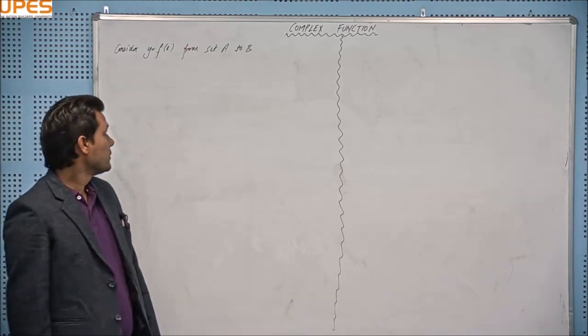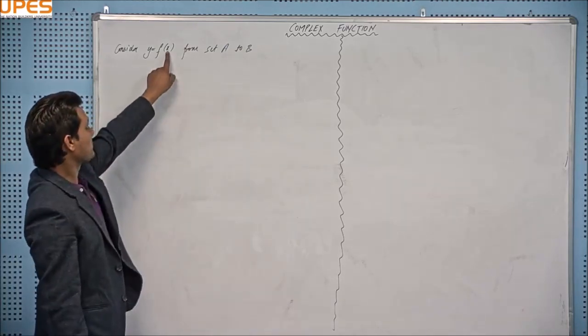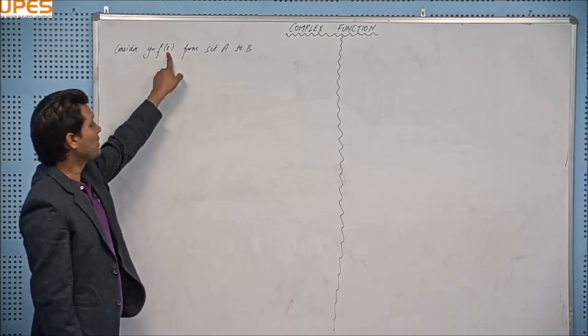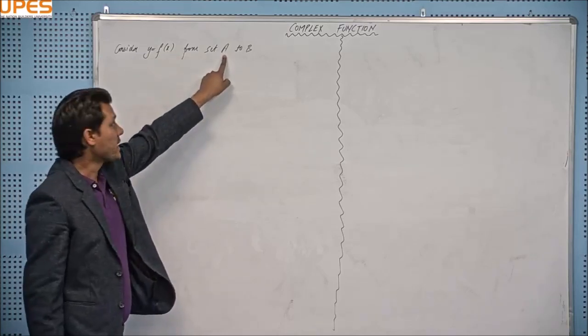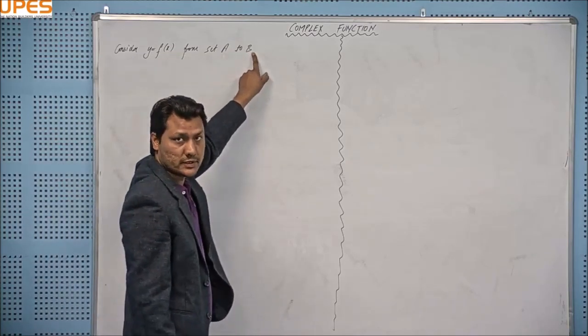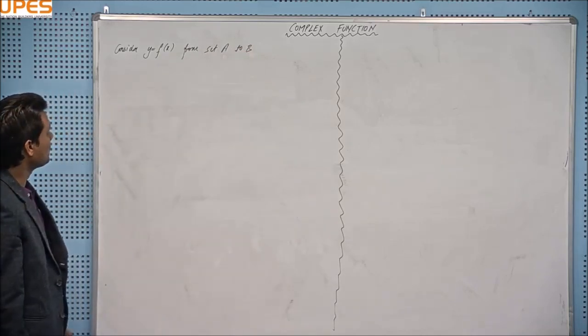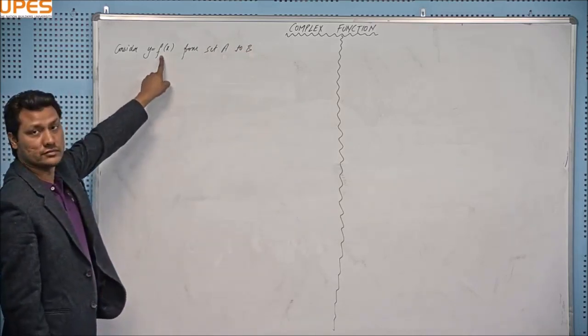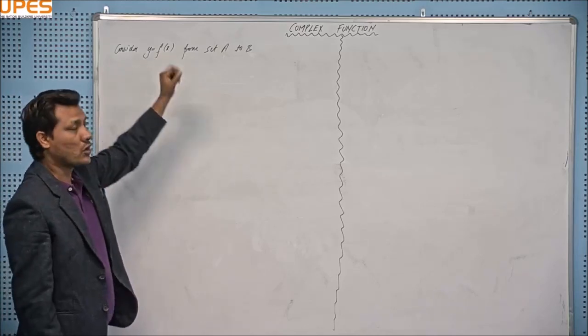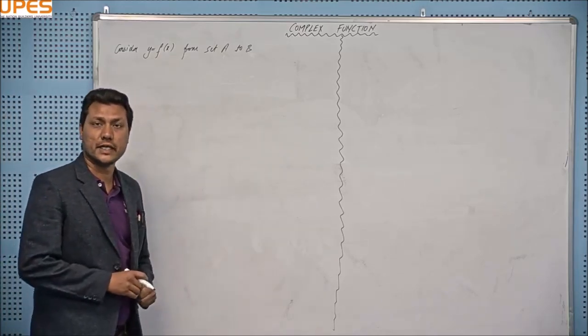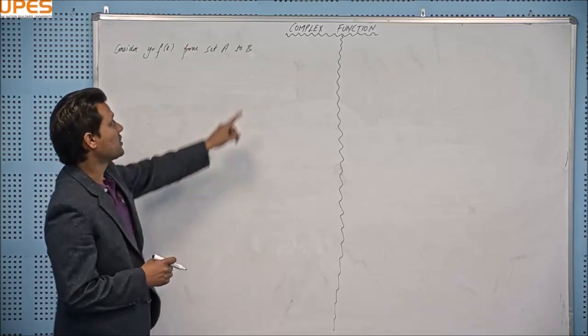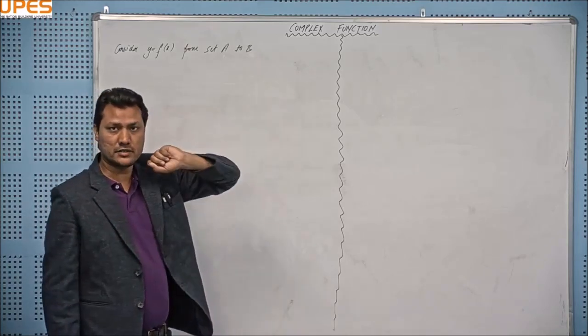You call this x an element of the domain. Capital A is called the domain, capital B is called the codomain, the input-output structure. And the values taken by small f, that is f(x), are called the range of the function, and that has to be a subset of capital B.